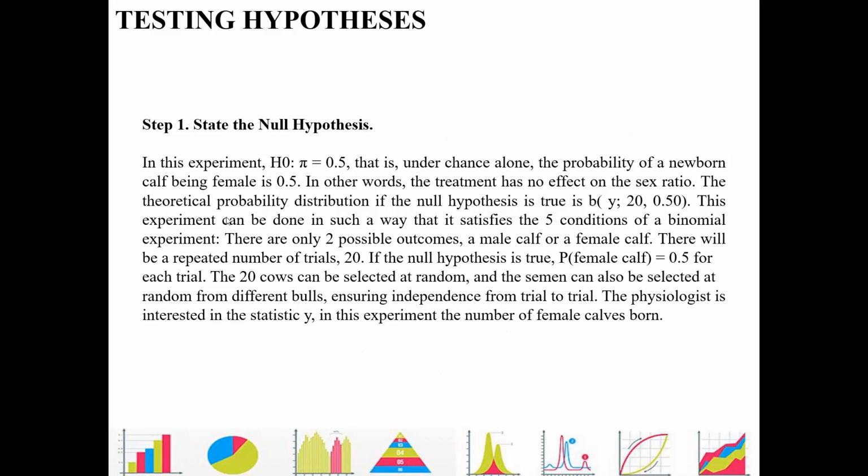So, for step 1, state the null hypothesis. So, yung sa experiment na to, yung pag-alter ng kanyang baka para maging mas prominent ang babae kaysa sa lalaki.